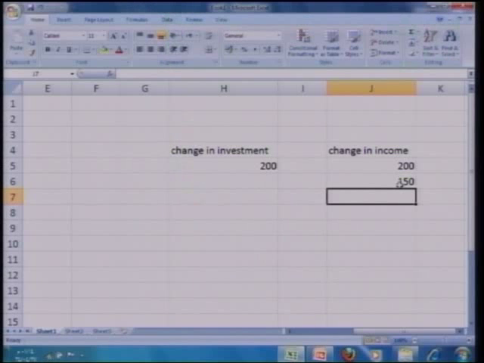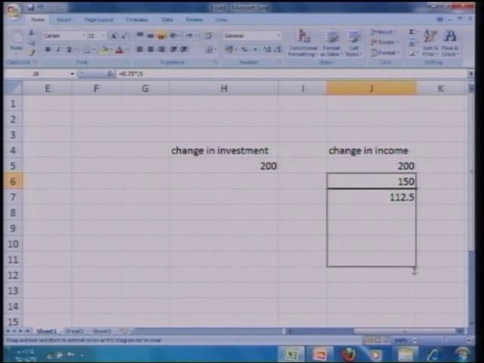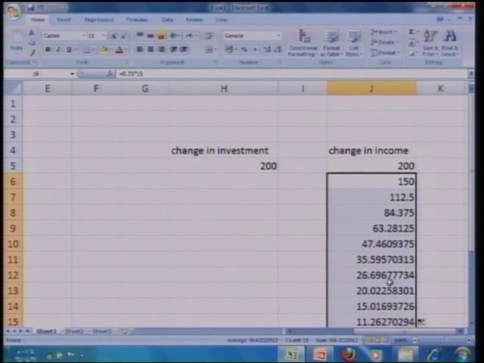So we expect that in the next stage, it will be 0.75 times 150. As you see, these are the additional increases in aggregate income.